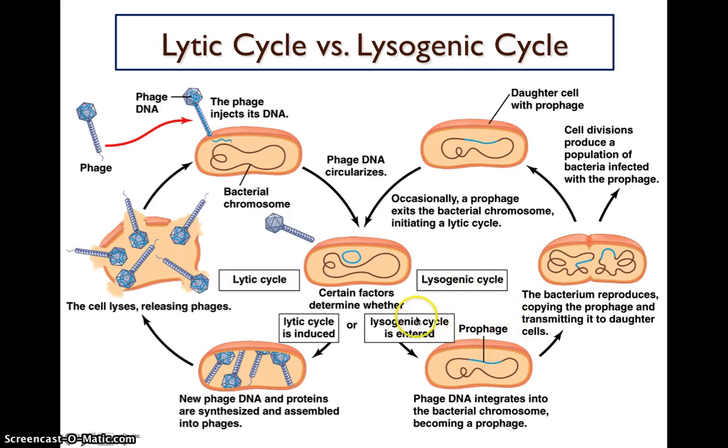So eventually the conditions become right, and this DNA would come out. Well, actually not really come out by itself, but it will be cut off from the original host and then become activated.